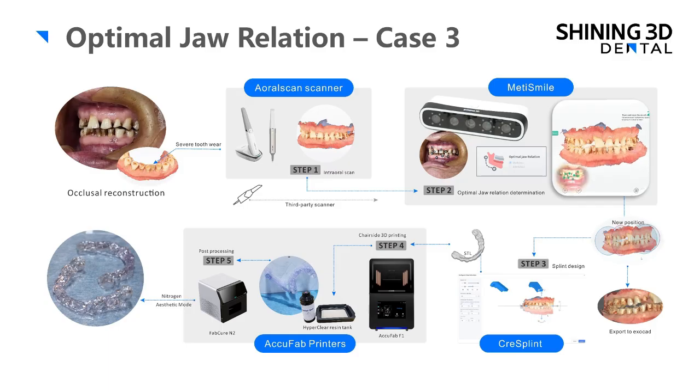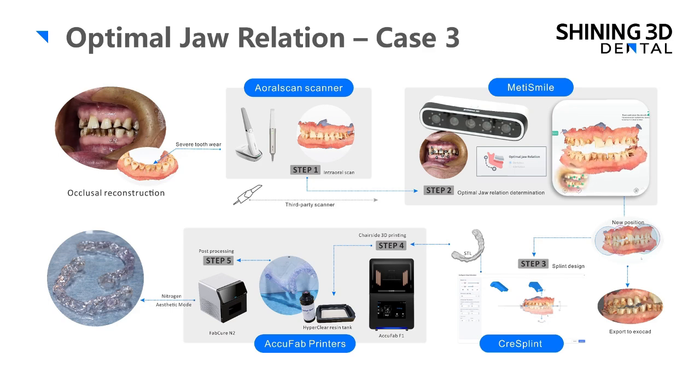And using the new position exported, we can import it into design software to design a splint, or we can use the splint design software, the Splint, inside the MetiSmile software to create a splint STL file for the patient. Once the splint is created, we can use the AccuFab printers to print it out.